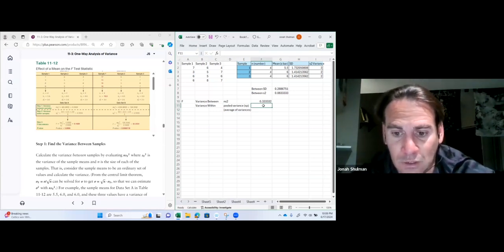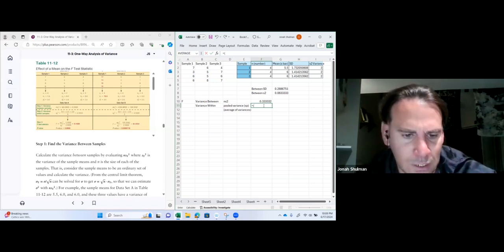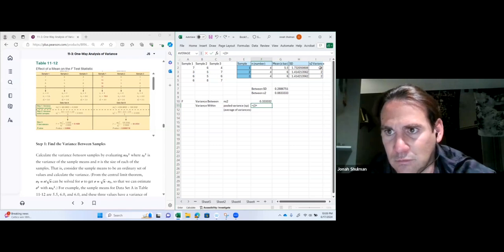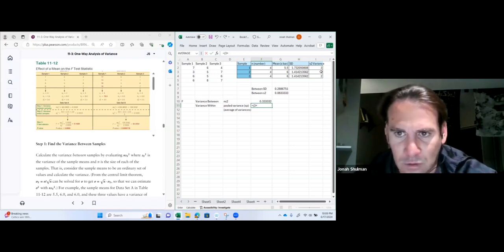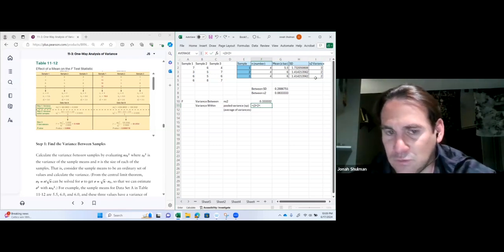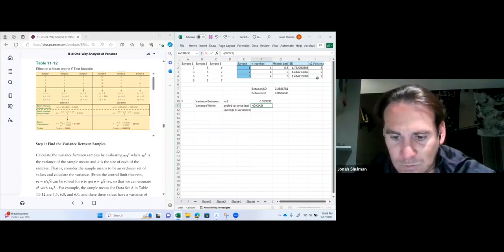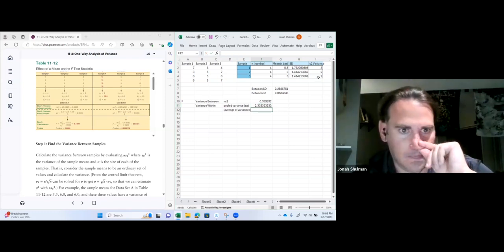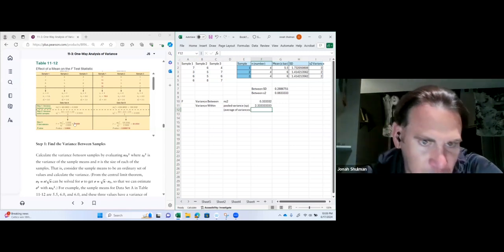So here it is. Equals, I'll do parentheses. Our first variance is 3. Our second variance is 2. Our third variance is 2. And all I have to do is divide that by how many I have: 1, 2, 3. 3 groups. Ta-da. That should be the bottom. Is that a match? It is a match.